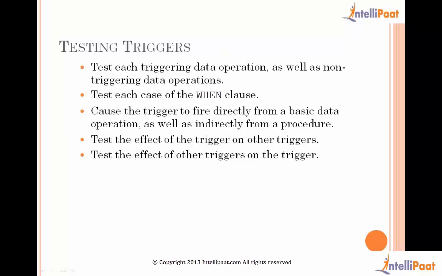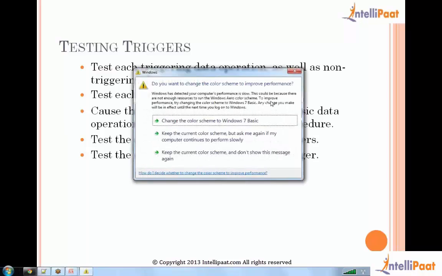For example, if you have a DML trigger for insert on the employee table for each row, you can insert multiple records in the employee table and see whether the trigger is firing for each row or not. You can make it statement level and then see it should fire only once. It should not fire every time.